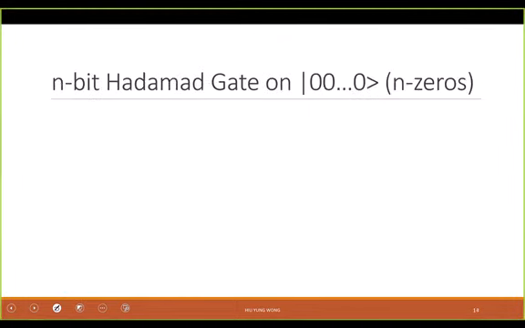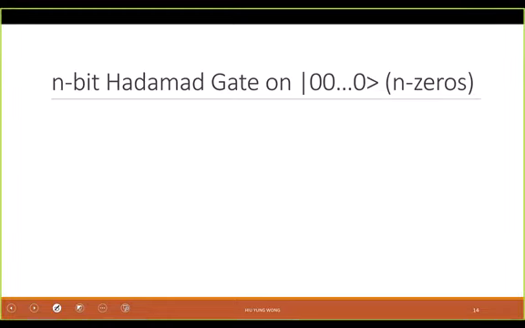Now we want to look at some very terrible math, but very important. When I apply a Hadamard gate to n qubits, what happens? I already know that when I apply the Hadamard gate to 1 qubit, it becomes a superposition, right? What if it is n qubits?